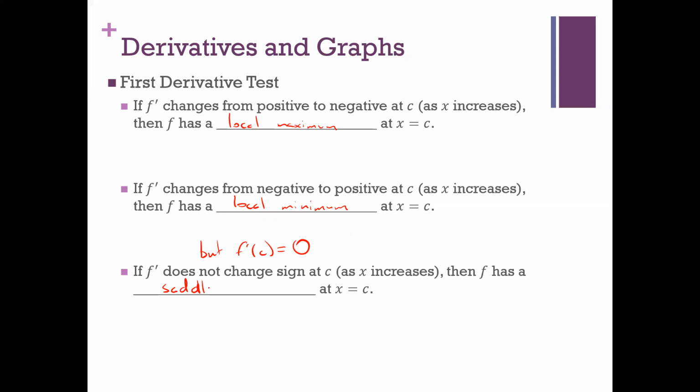The function is constant there, but a good example of this is what y equals x cubed looks like. Around the origin, it comes to one of those critical points, but it's not a local max or a local min. So that would be a saddle point.